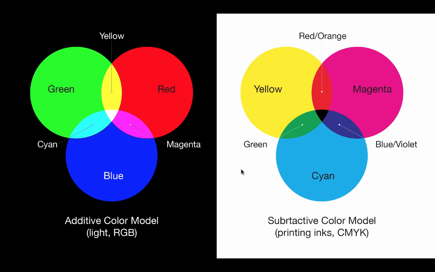Now, as a reminder, the way that this works as subtractive primaries is that whenever you are printing something, oops, I misspelled subtractive. This is supposed to be SUBTR. Okay. Anyway, whenever you have these colors together, yellow, magenta, and cyan as inks, you're going to lay that ink down on something, right?